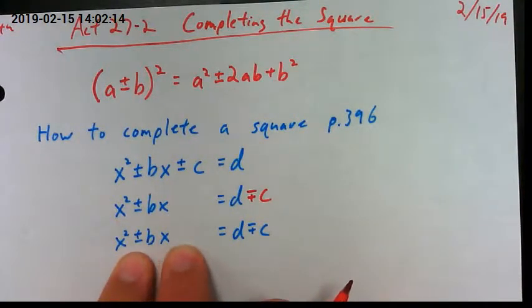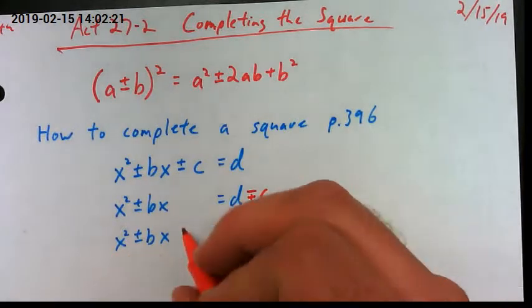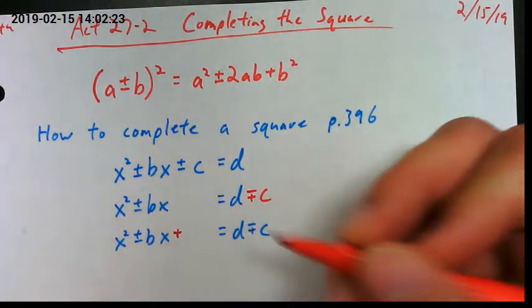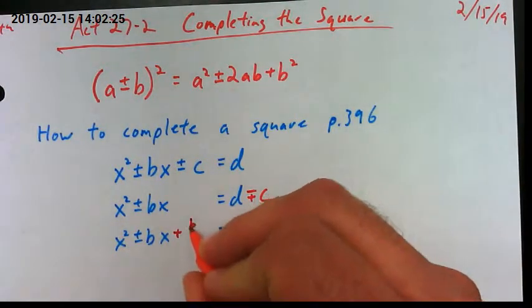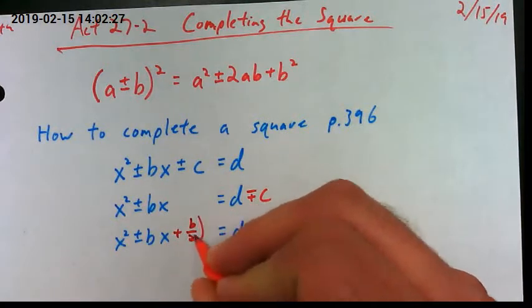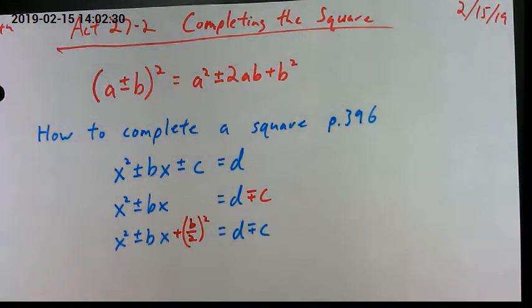So, the part that we are missing here is the b value divided by 2 and then squared. So, we're going to add on, and it's only going to be a plus sign, b divided by 2 squared. That same thing has to also be done on the right side.